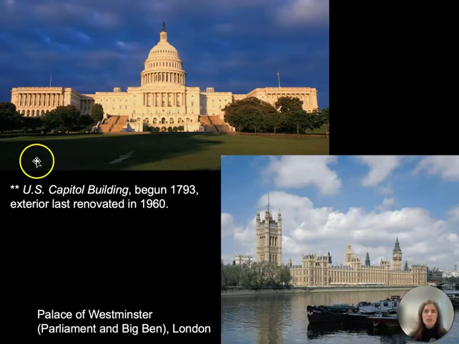Here I'm comparing it to the Palace of Westminster, which is in London. Remember that the US had split from the British government, and so there's this clear difference in architectural preferences.